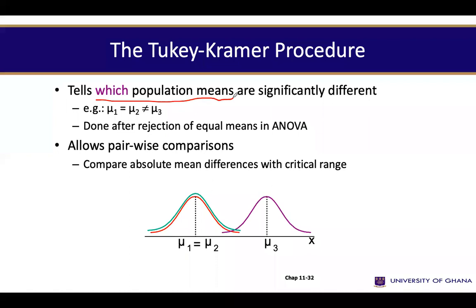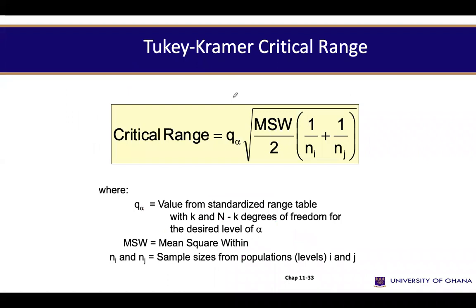Now, for us to do this, we will be doing what we call pairwise comparisons. So we will take each of the group means two at a time. Okay, so we are going to undertake pairwise comparisons to see where the differences are coming from. And when we do that, we are going to calculate what we call a critical range.